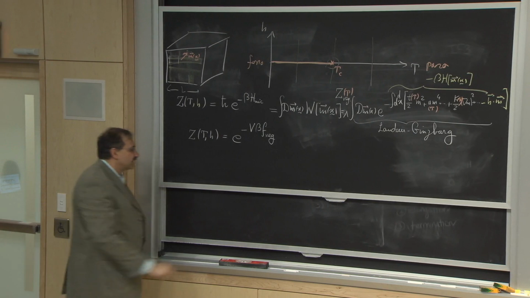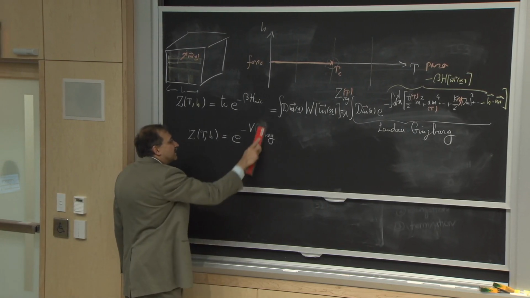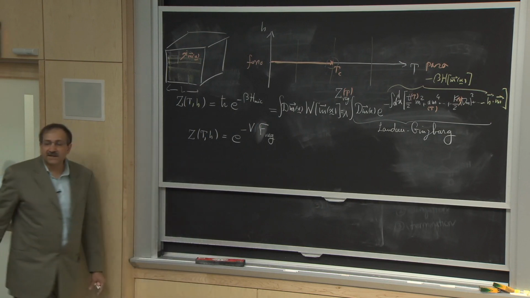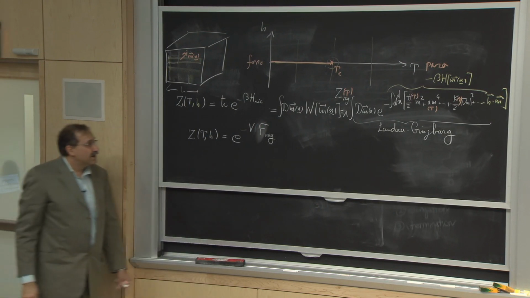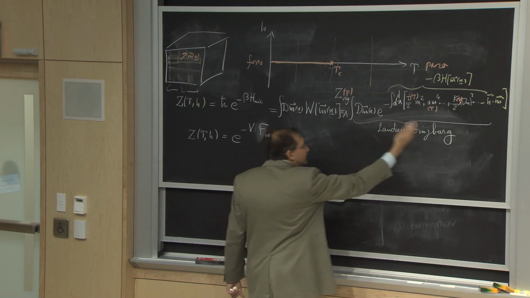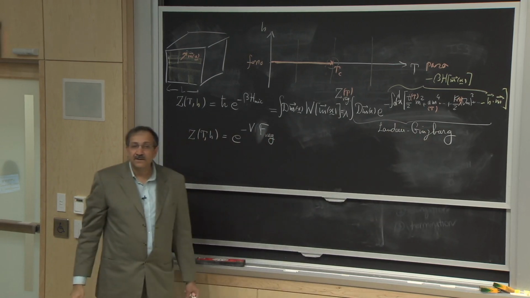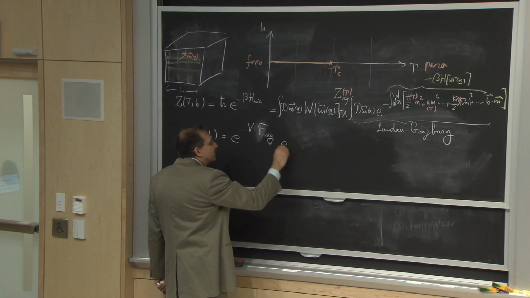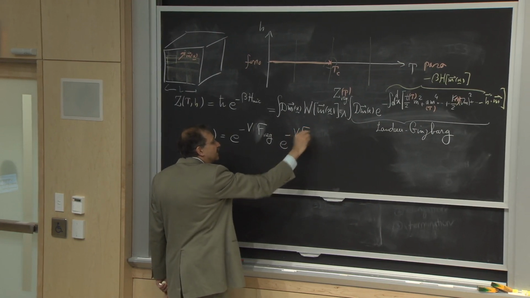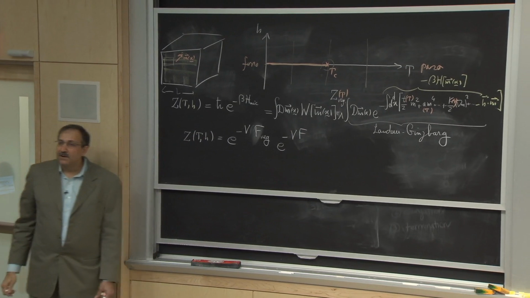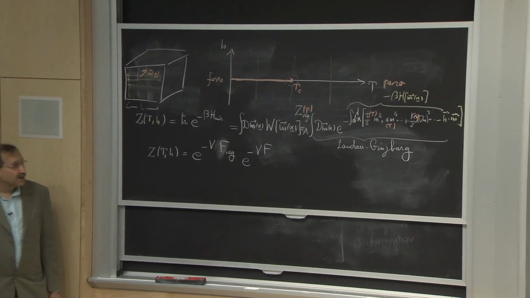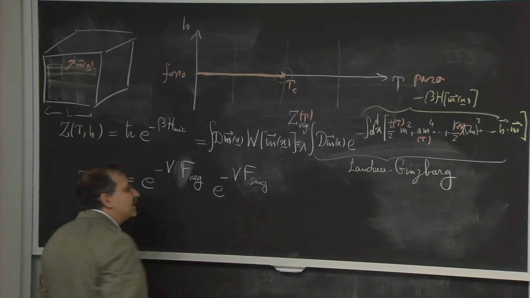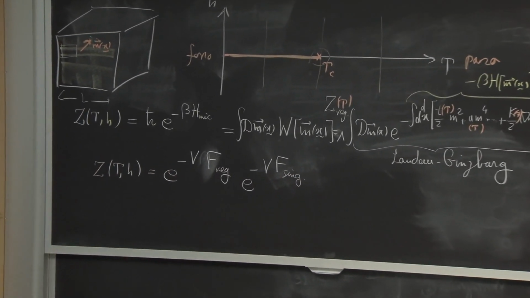And actually, let me just forget about the beta and just write it as some other function regular. It's an extensive quantity. And the result of this integration of all of the field configurations should give me another contribution that is proportional to volume. And hopefully all of the singularities that I expect will come from this piece.